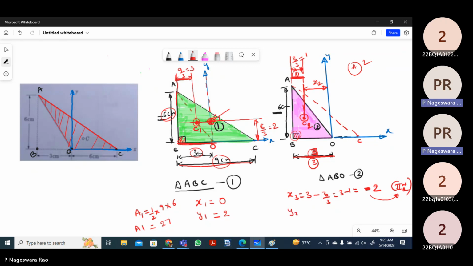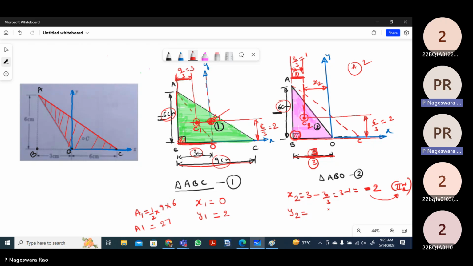Similarly, for its y coordinate, the same C2 point's distance from the x-axis will be from 90 degrees, that is from this axis. The default length in this direction is 6 centimeters, so 6 by 3 is 2 centimeters. Sorry, I wrote x2, y2 wrongly; you have to note down that the second area has coordinates x2, y2.